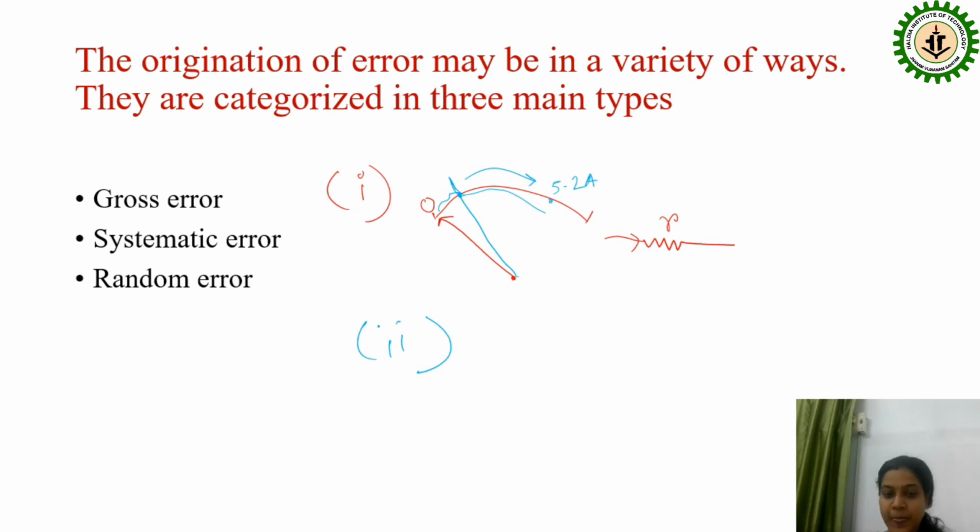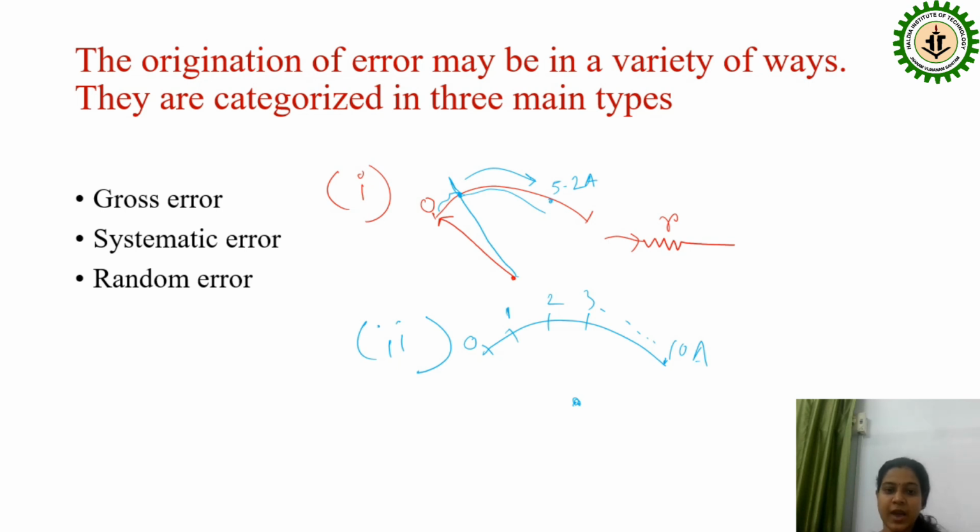Let the instrument which we have chosen be calibrated like this: 0, then 1 ampere, 2 ampere, 3 ampere, and in such a way up to 10 ampere. And when the switch is on, the unknown value of this current is somewhere here.